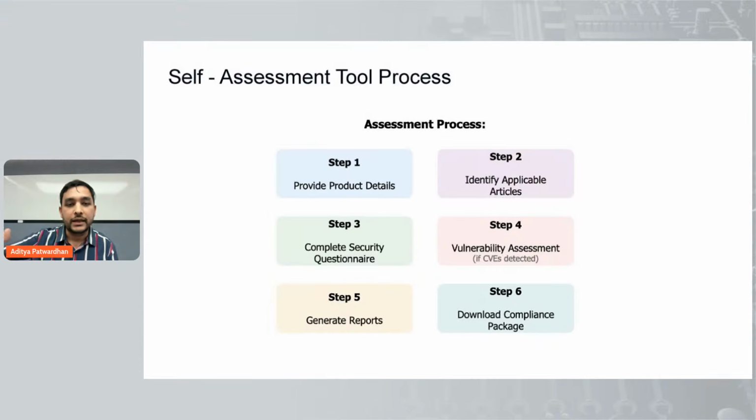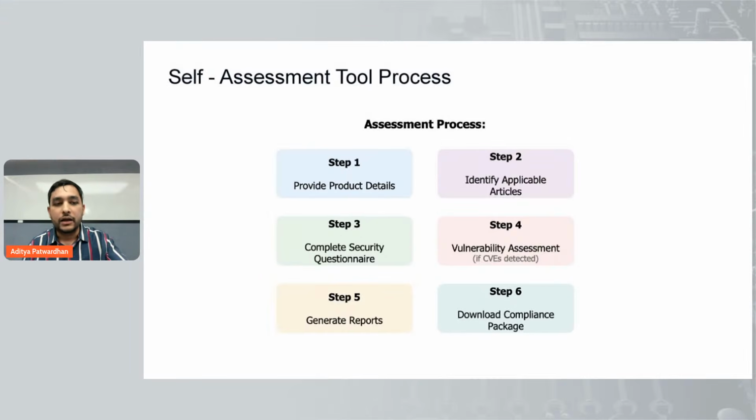That basically tells us about the vulnerabilities applicable to your project. Then based on that, you answer some questions about applicable articles. RED has three categories, D, E, F, based on several requirements. We will go into that once we take a look at the tool.